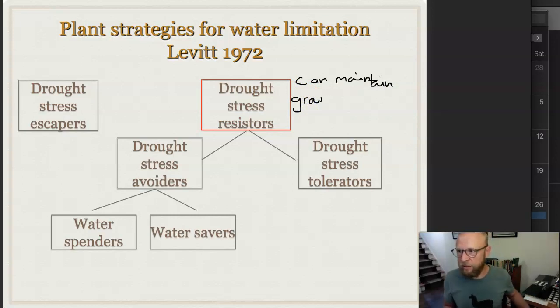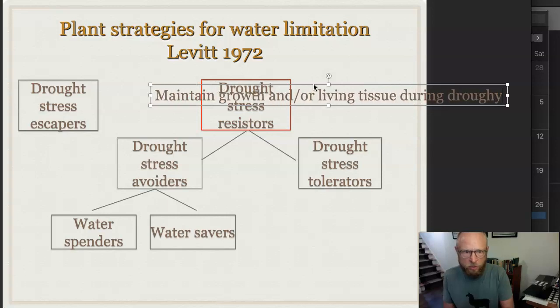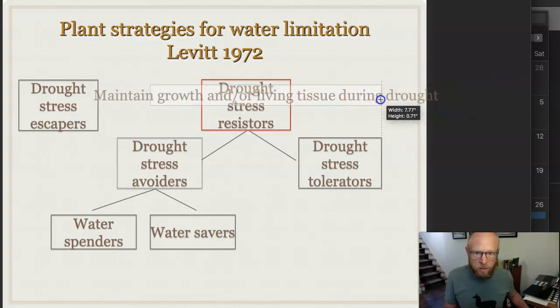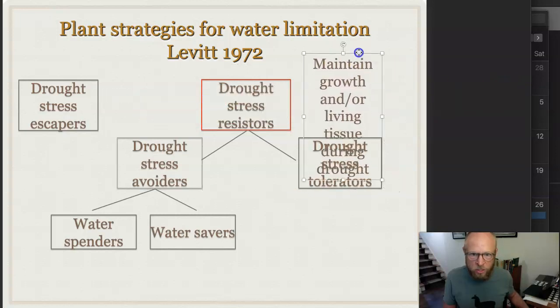Let's not do this. I won't put you through this. Let's insert a text box here. Okay, so these plants can maintain growth and or living tissue during drought. All right. And I'll save these slides like this and repost these with this new information.